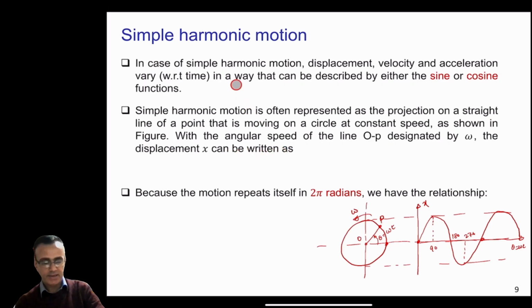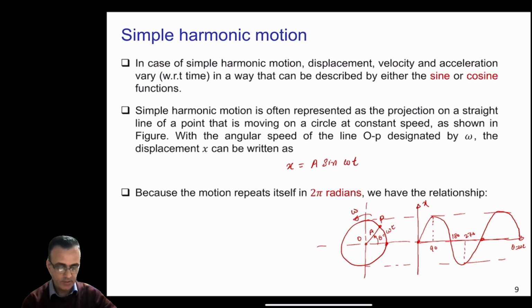So x is just a sine omega t, and a is just the length of this line here. So OP is actually a. So you can write this equation here.